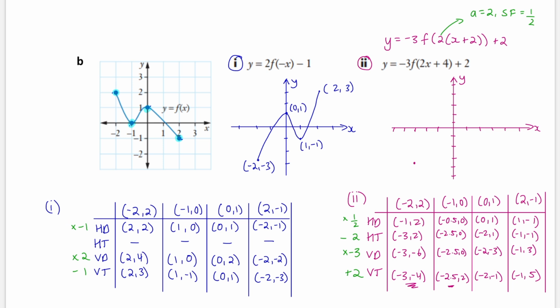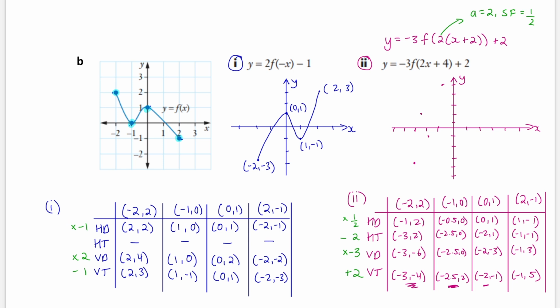So that will roughly be here. Then I have -2 and 1. And then I'm going to have -1 and 5. So that's going to be all the way up here. So this one here, -2.5 and +2. So it should actually be here, sorry.